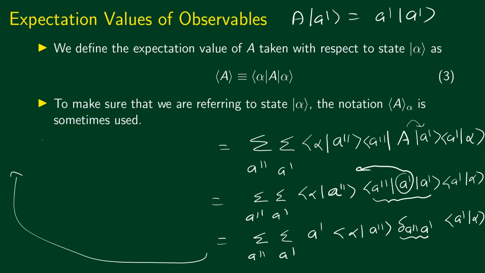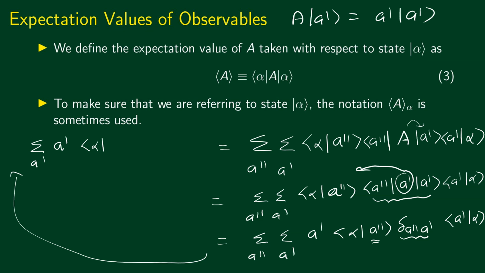I have carried out the sum over A double prime. So this becomes, I've got an A prime here, bra alpha, ket A double prime. But when I carry out the summation over A double prime, this means that I have to sum over all possible values of A double prime.